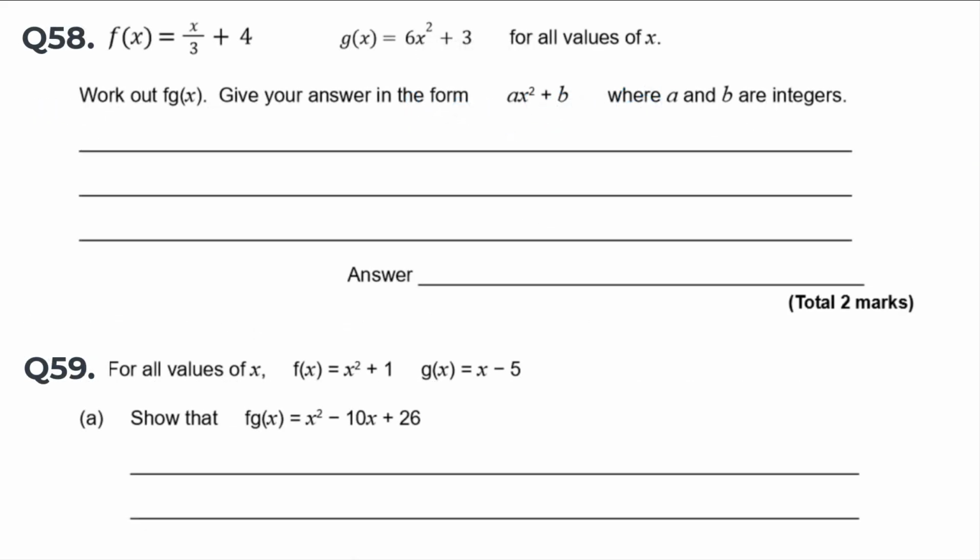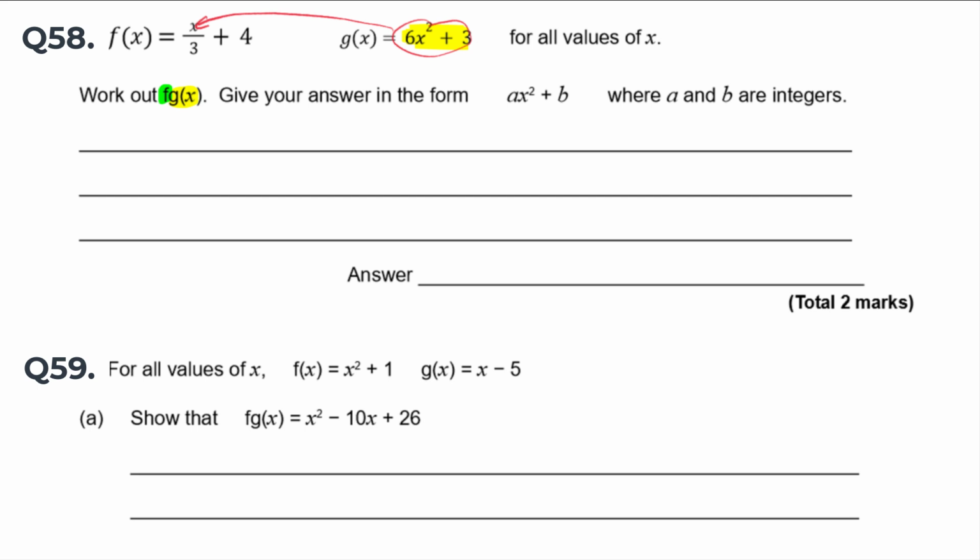53, f of x equals x over 3 plus 4, and g of x equals 6x squared plus 3 for all values of x. Work out f of g of x. So f of g of x is take function g of x and stick it inside f of x. So I'm going to take 6x squared plus 3, and I'm going to imagine it where the x is in the f of x function.